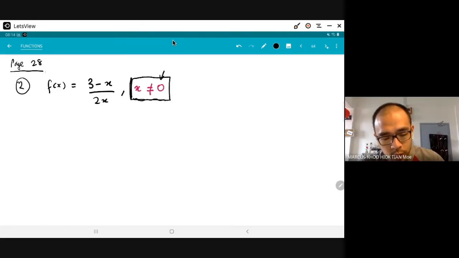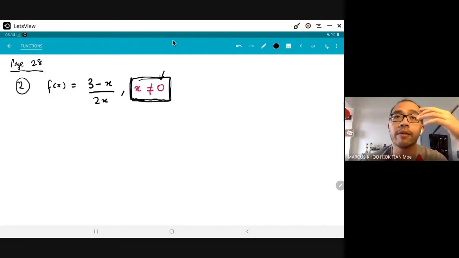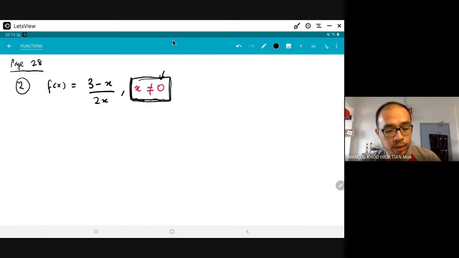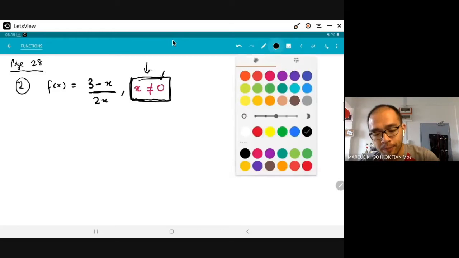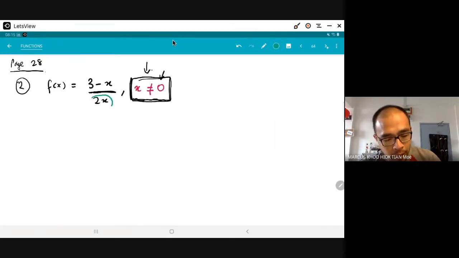This situation will happen whenever you have a function that has a fraction. Kalau ada per macam ni, biasanya kita akan nampak this muncul. Because one of the most important things that cannot happen is the bottom, dia tidak boleh sama dengan kosong. This bottom one tidak boleh sama dengan kosong.